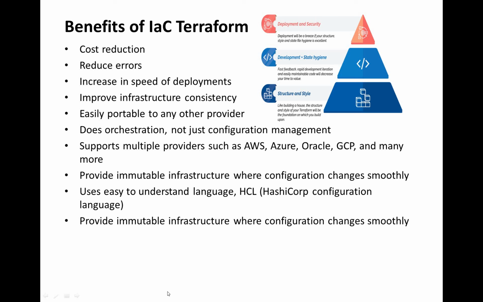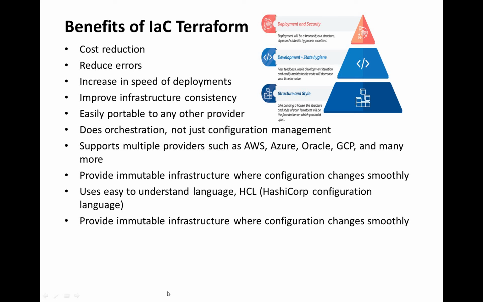Improved infrastructure consistency, yes. Whatever naming convention standards are used by the code within the Terraform script, those would be consistent across your environment or multi-stage environment, wherever you are applying those resources.